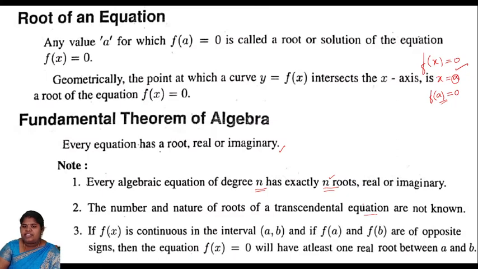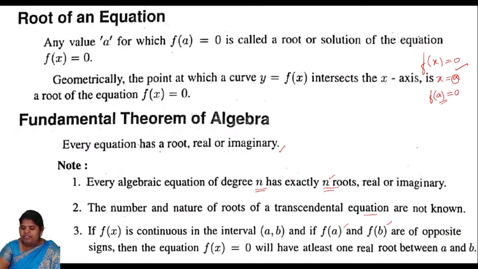If f of x is continuous in the interval a comma b, that is if the function is continuous in a particular interval, and if f of a and f of b are of opposite signs, then the equation will have at least one real root between a and b.